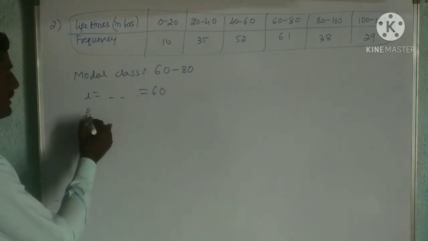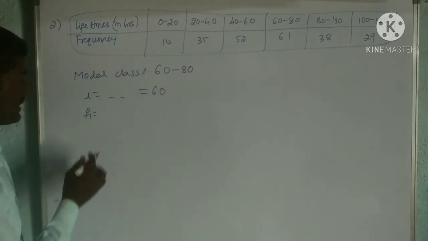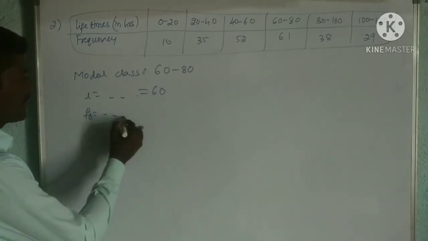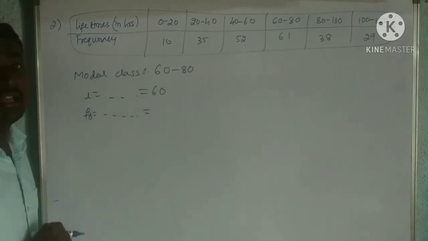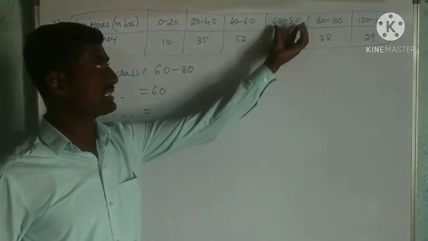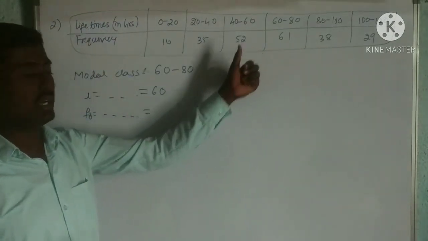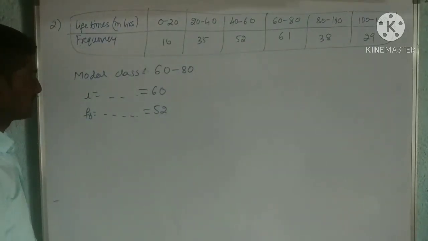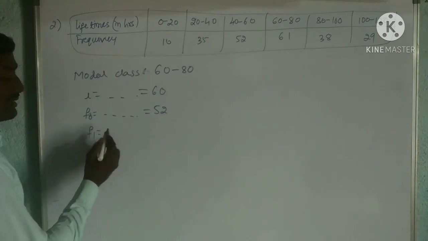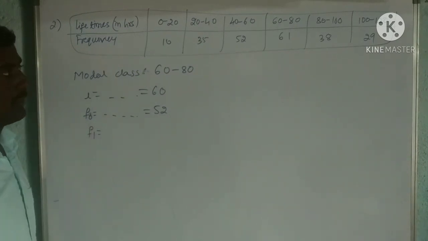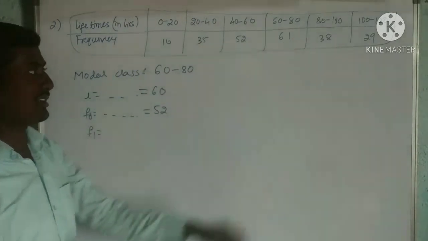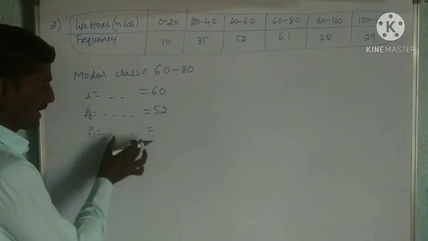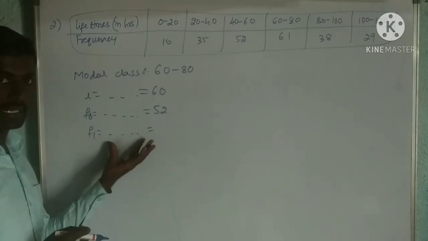Then next, f0 is the frequency of the class preceding the modal class, which is 52. Then f1 is the frequency of the modal class, which is 61. We cannot just put a dash, expand the terms.